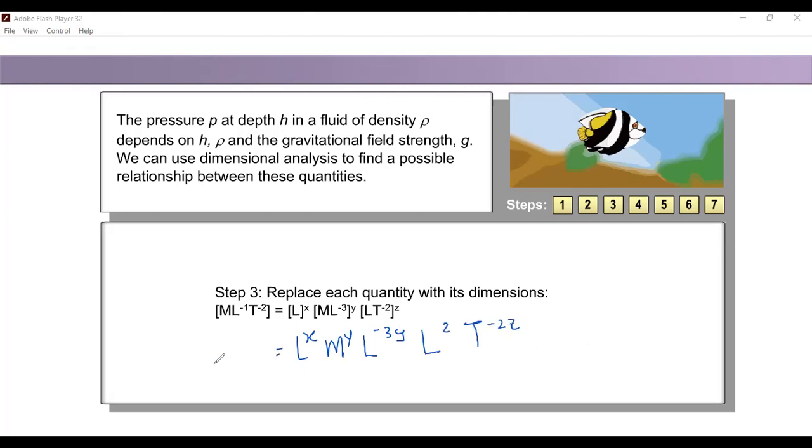Then compare with the dimension ML negative 1 T negative 2.